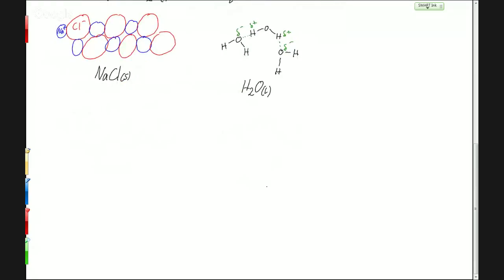Let's have a little room to draw this. A sodium ion is going to have a positive charge, so it's going to be surrounded by a sphere of water molecules where the negative parts of the water are oriented toward that ion.